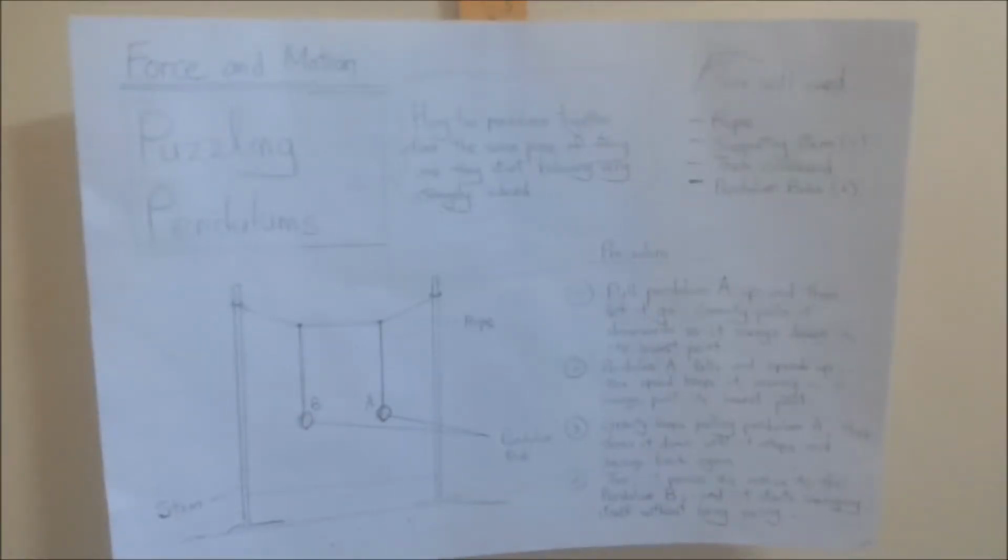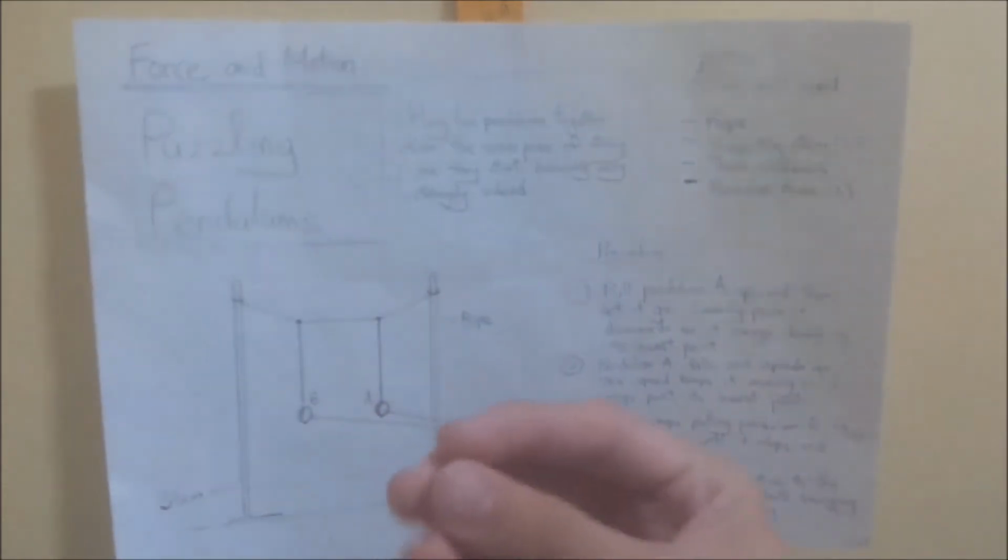Let's get started. First, pull pendulum A up and then let it go. Gravity pulls it downwards, so it swings down to its lowest point. Then it falls and speeds up. Its speed keeps it moving, so it swings past its lowest point.